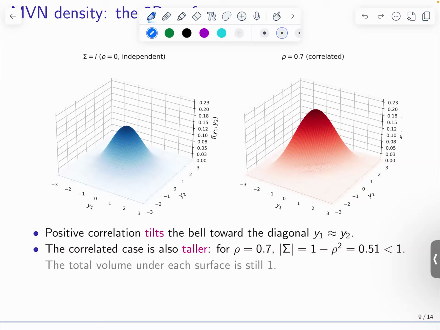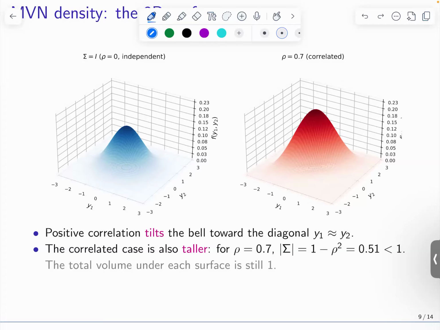Yeah, so positive correlation tilts the bell towards the diagonal. And for example, the correlated case also has a column, which is this line. Because of this determinant in the denominator, you can see that it just pops up a little bit higher.